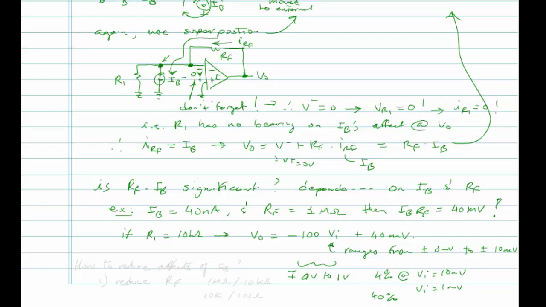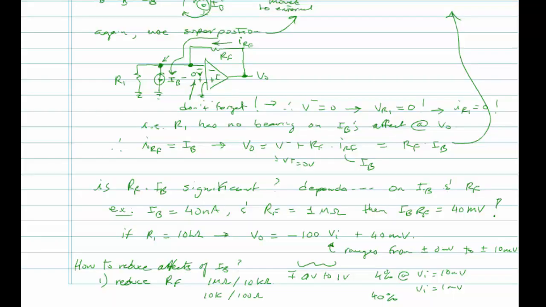Now, how do you combat this? How to reduce the effects of IB? Number 1, reduce RF. So if you're trying to achieve a gain of 100, then instead of having 1 meg and 10K, maybe use 10K and 100 ohms, right?